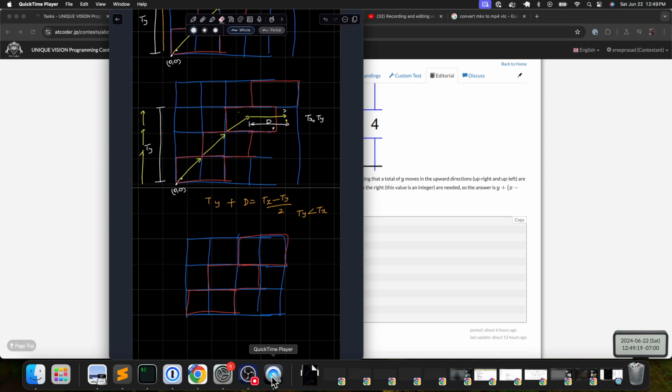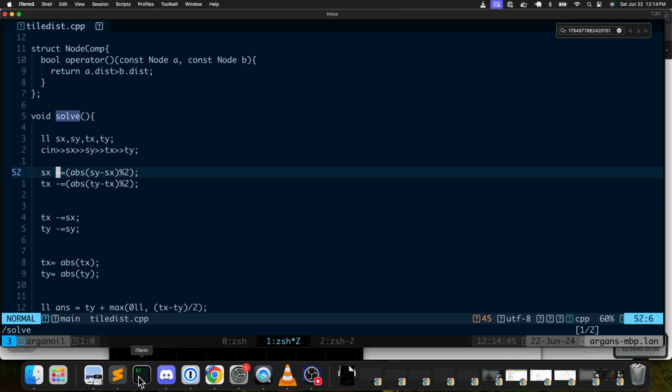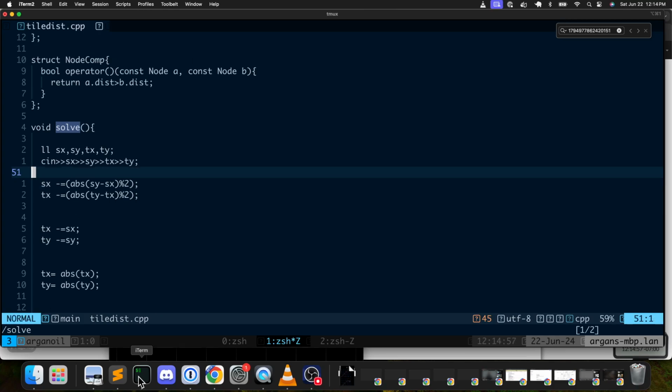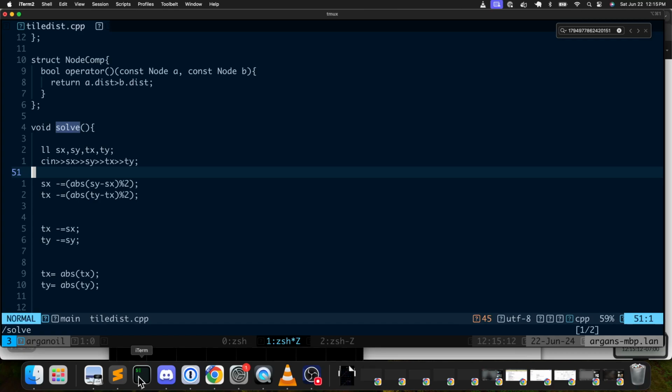So let's look at the solution. Here I'm inputting the values. Here I'm calculating where the brick lies. If sx is equal to sy, then the brick lies at sx comma 0. Otherwise, if sx is not equal to sy, then sx and sy are of different parity, so the brick lies at sx minus 1 comma y.